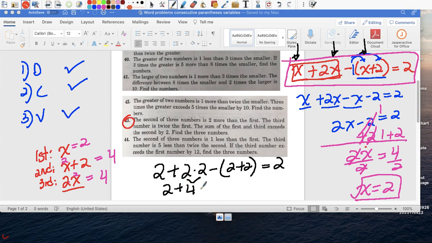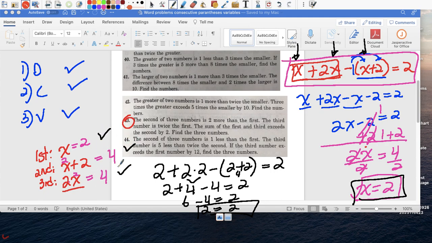I get 4 minus, and 2 plus 2 is 4. Right inside the parentheses, that gives me 4. So that's going to be 4 equals 2. 2 plus 4 is 6. Minus 4 equals 2. And I get finally 2 equals 2. So I know my answer is correct. And then when I plug in to identify my 3 numbers, I know they are correct as well.